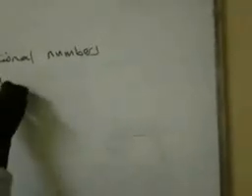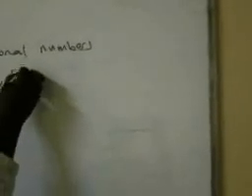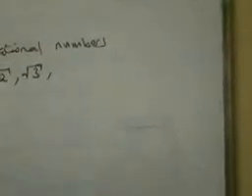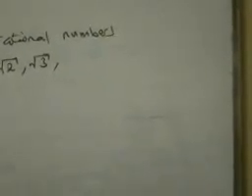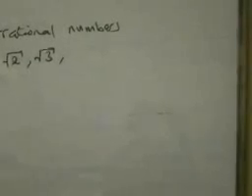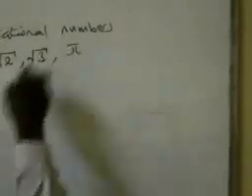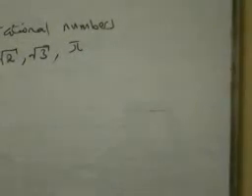When you get root of 2, it's 1.41 and it continues. So root of 2, root of 3, but root of 4 is not an irrational number, because when you get the root of 4, it is going to be 2, which is a natural number or an integer. There is also pi. Pi is also an irrational number.